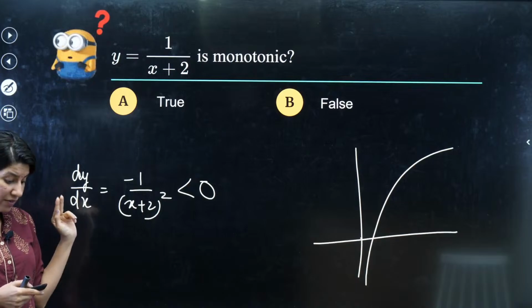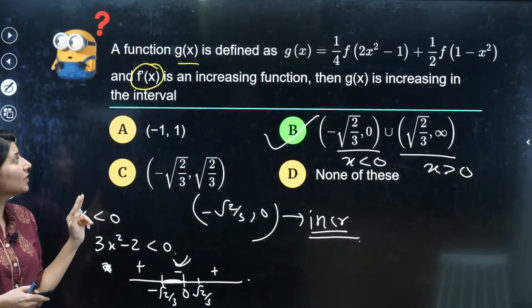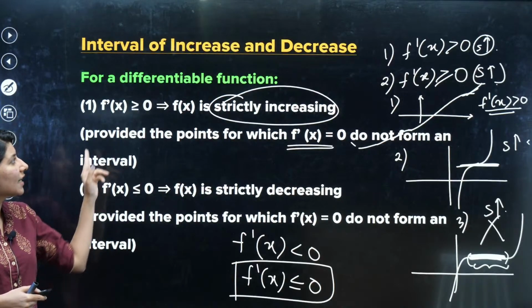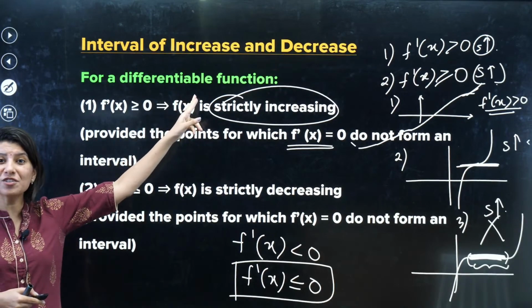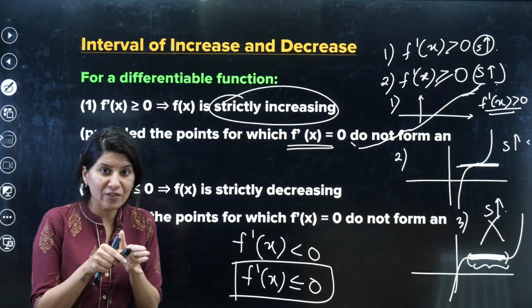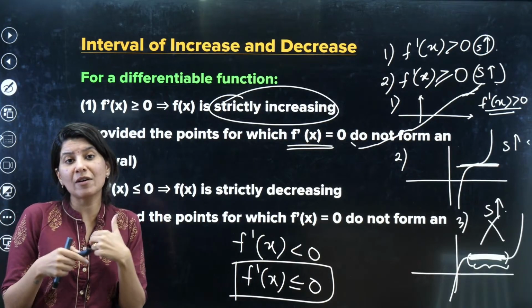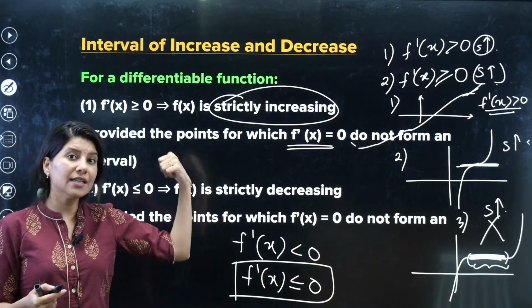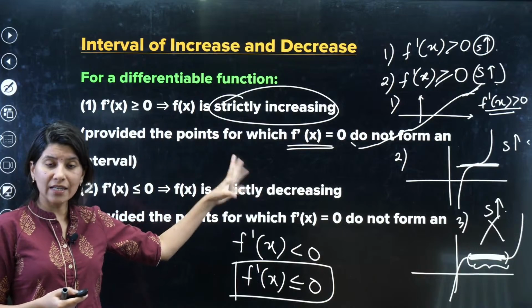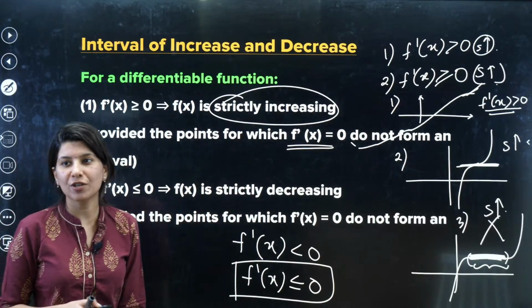So this test, when we were studying it, let me just go back to the increasing and decreasing f dash x test. Can you see, for a differentiable function this is applicable. For a non-differentiable function, that means there are some points where my function is non-differentiable, then this test or this tool is not working for us.